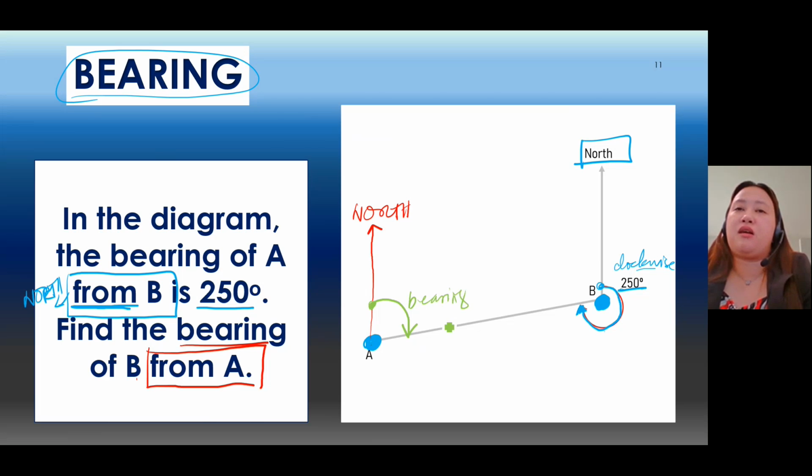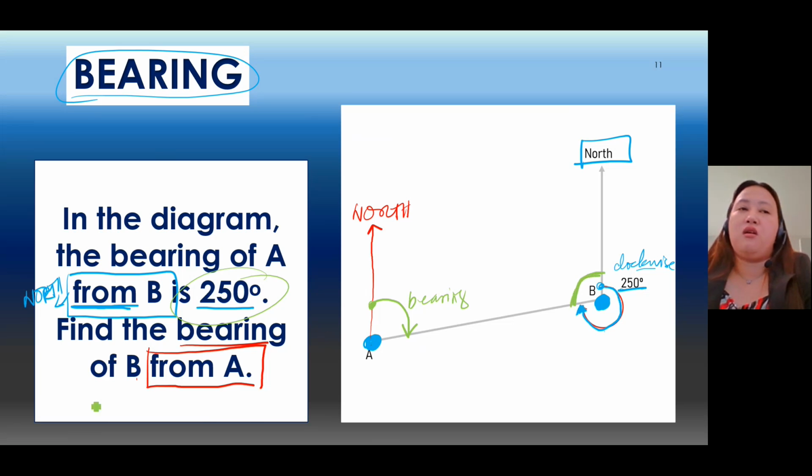But then the question is, how can you find the measurement of this bearing? You go back to the given 250 degrees. From this given 250 degrees, you can actually determine the measurement of this angle here.